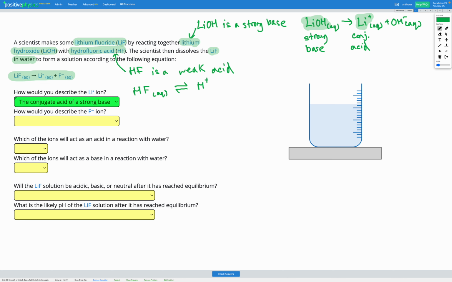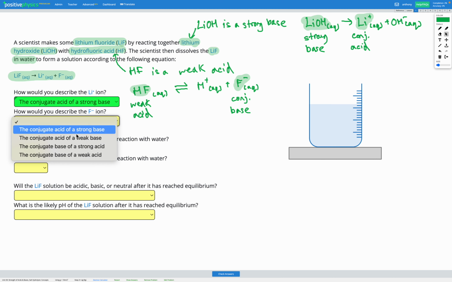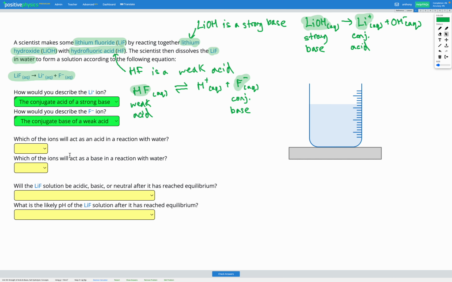We have H+ ions formed, and we have F- ions formed. So HF is our weak acid. It loses H+ to form F-. So F- is the conjugate base of a weak acid. So how would you describe the F- ion? It's the conjugate base of a weak acid.